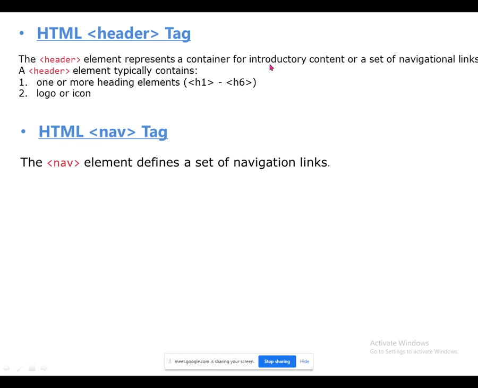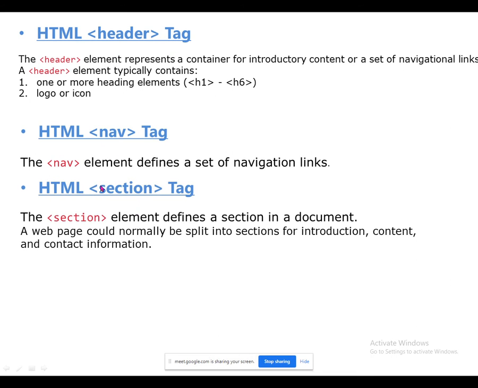The header may contain your introductory information and the set of navigation links. That means you can add the nav tag under the header tag, or use a separate nav tag. You can manage it as per your requirement. So the header tag and nav tag are clear here.